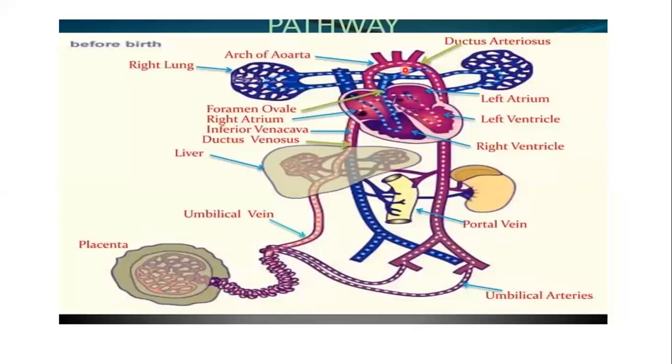Most of them go into the upper part of the body. Then among the blood that enters the right atrium, not all of it goes through the foramen ovale. The normal pathway is through the right ventricle, and from the right ventricle it is pumped through the pulmonary artery.